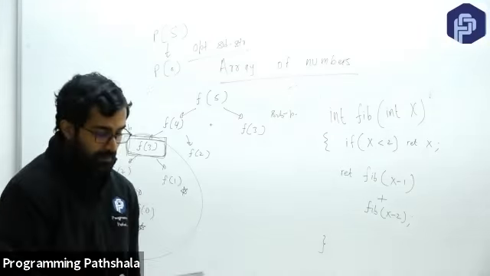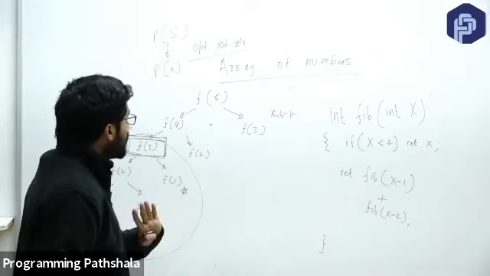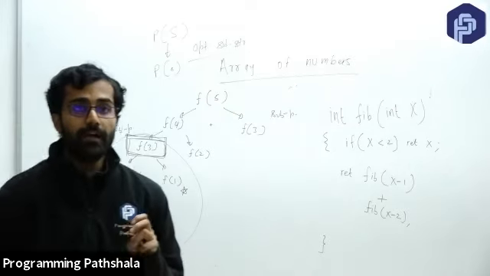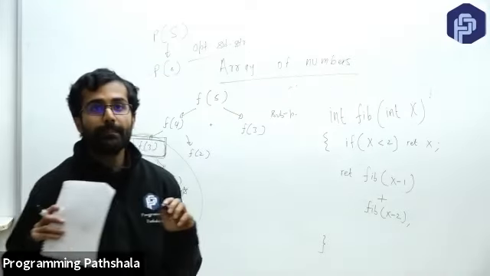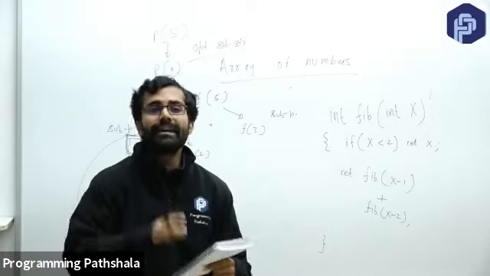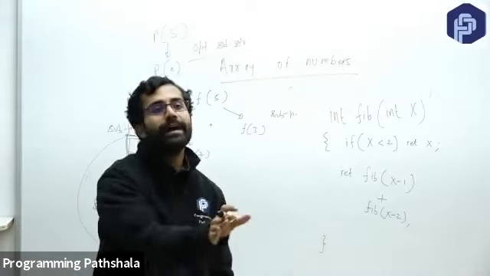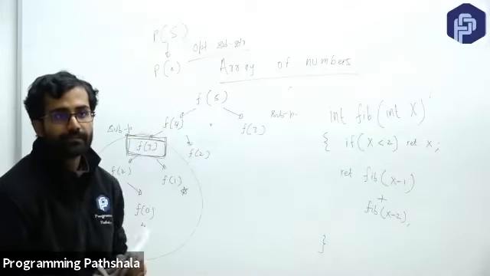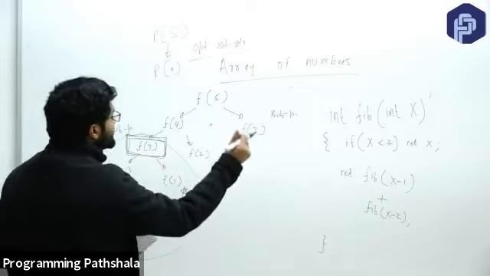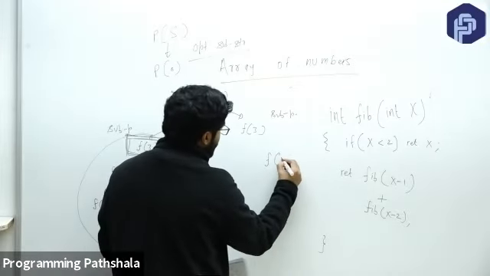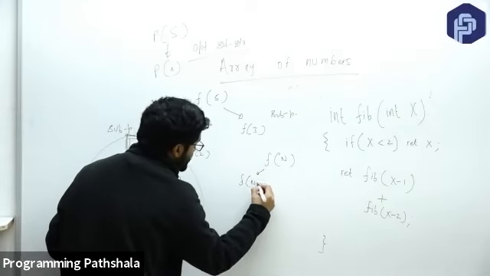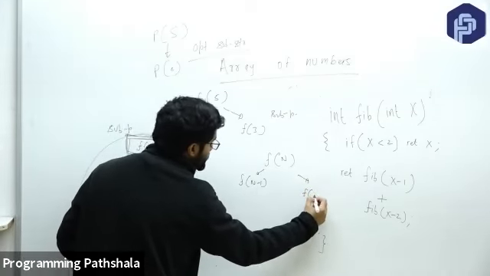Okay. So now let's say I have to comment upon the time complexity of this. Right now we will not make an exact guess of how many operations are going to happen. We'll make a very wild guess which will be somewhere close to the exact number of operations. So let's say you are finding the nth Fibonacci number. f of n calls f of n minus 1 and f of n minus 2.